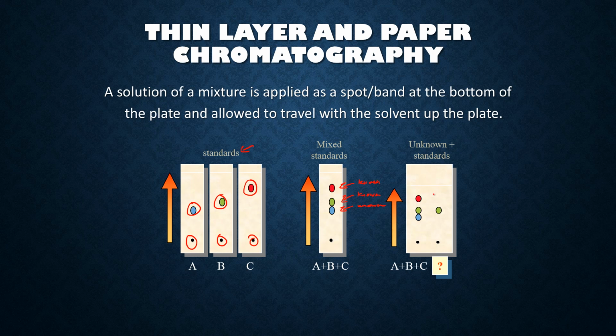What you usually do is run your sample of known components right next to your unknown sample. So this is our unknown sample.